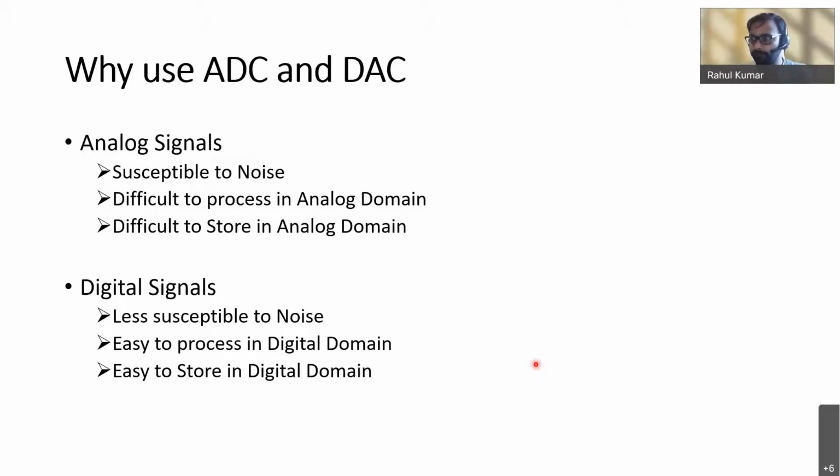What is the problem? Usually analog signals are susceptible to noise. They can be affected by noise very easily. That is one of the reasons why we cannot use analog signals directly, whereas digital signals are less susceptible to noise. That is why we do analog to digital conversion.